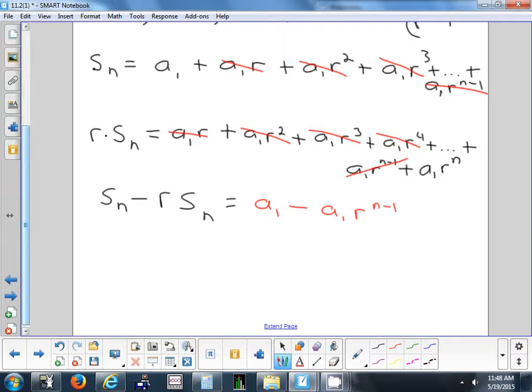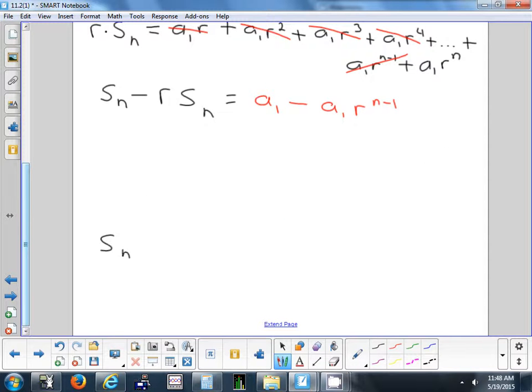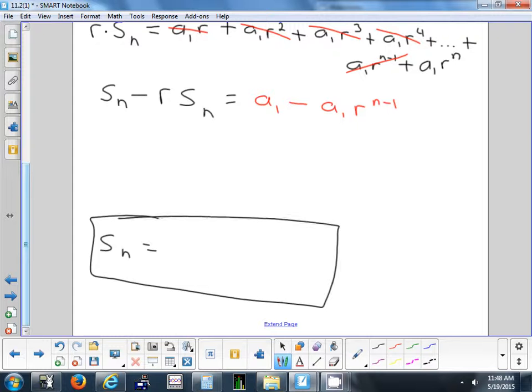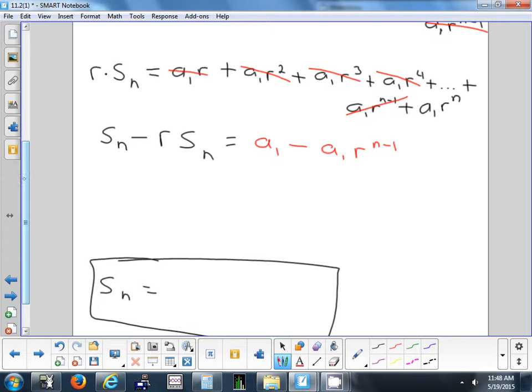Okay, and my goal is to get s sub n by itself. If I can get s sub n by itself, then I'll have a formula for finding the nth partial sum in a geometric sequence. Okay, so what I'm going to do to get it by itself, let's factor out s sub n. That would leave me with a 1 and a minus r.